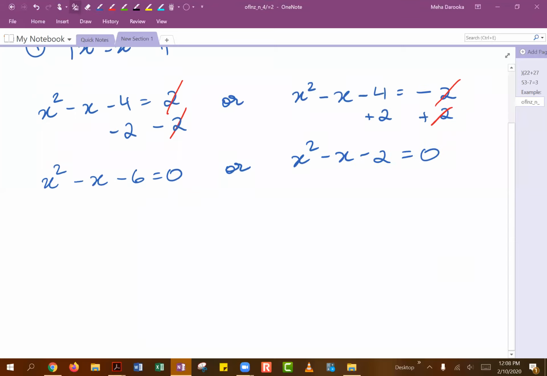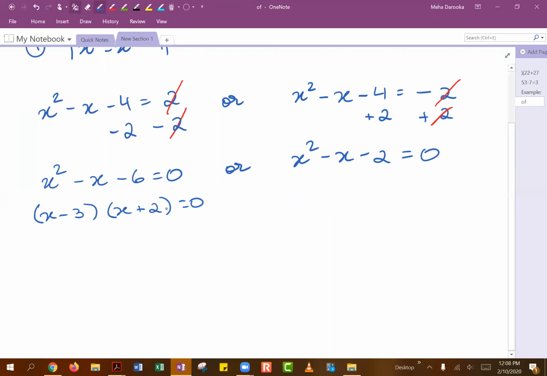And then again, you can factor each one of those. So this guy, what will he factor into? Very nice. X minus 3 and x plus 2, right?